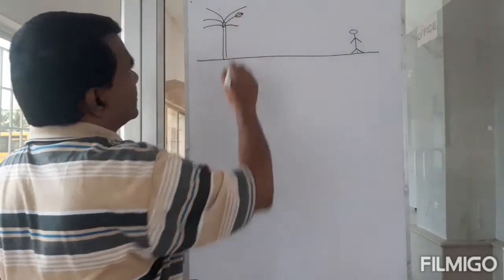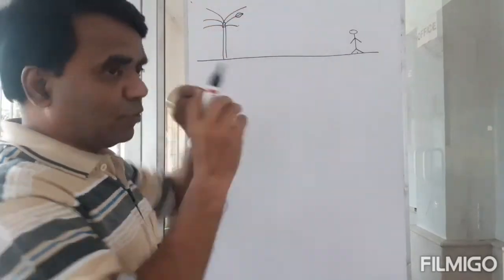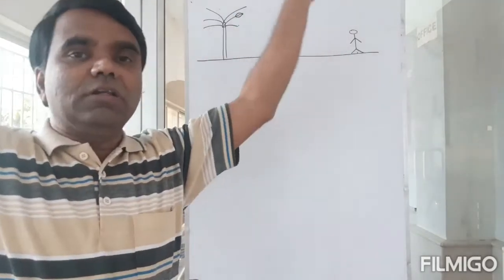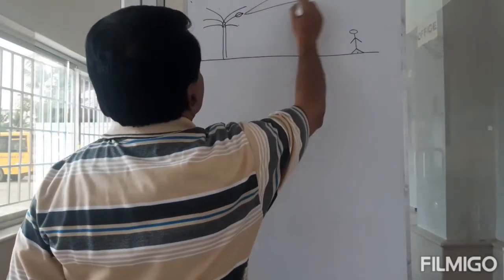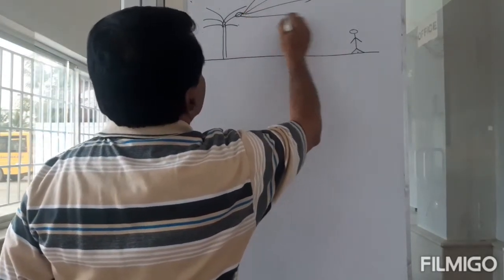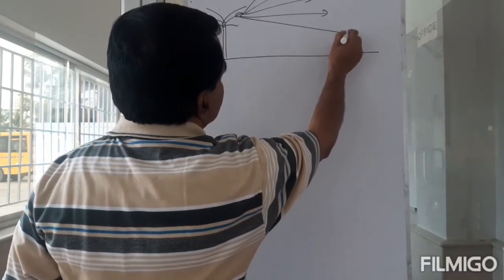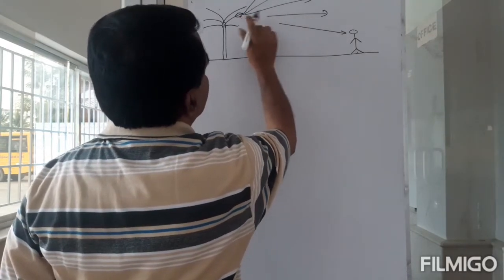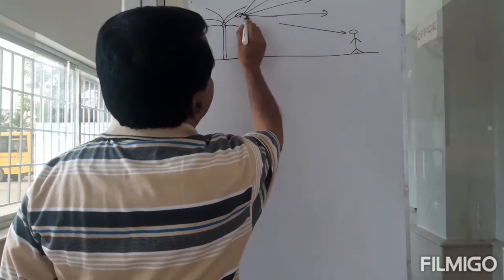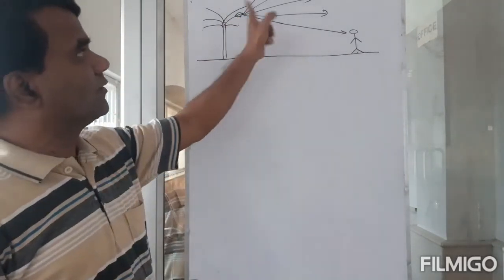Let me just take the tip. So the light from that point will go in all directions. Light will go here, here, here, here, and then will come to your eyes. So you are able to see that tip.